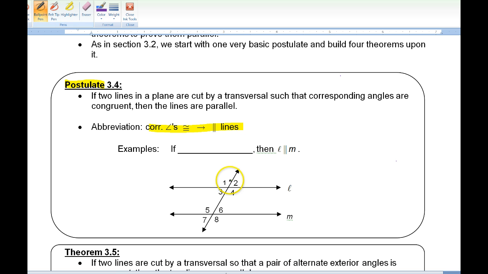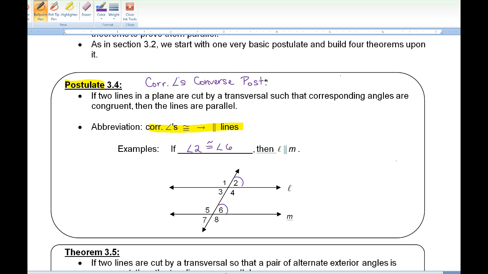If we look, for example, at this picture where we have lines L and M, and we refer to a pair of corresponding angles, say angle 2 and angle 6, if angle 2 is congruent to angle 6, then L is parallel to M. Another way you can say this is the corresponding angles converse postulate.